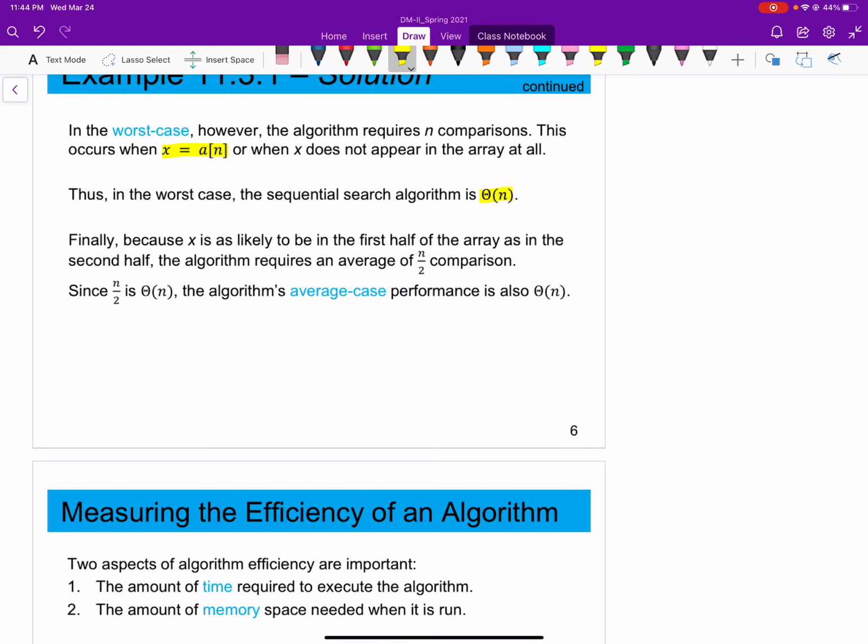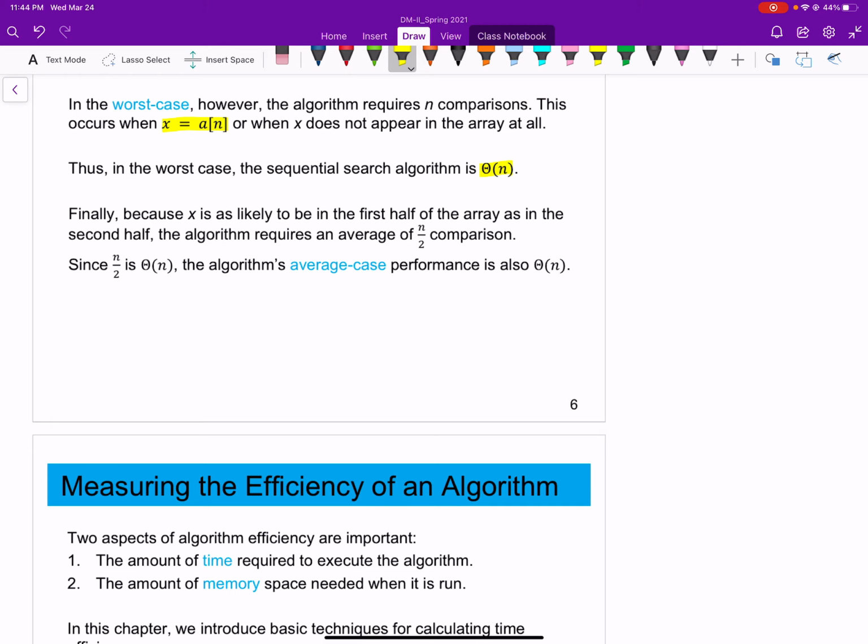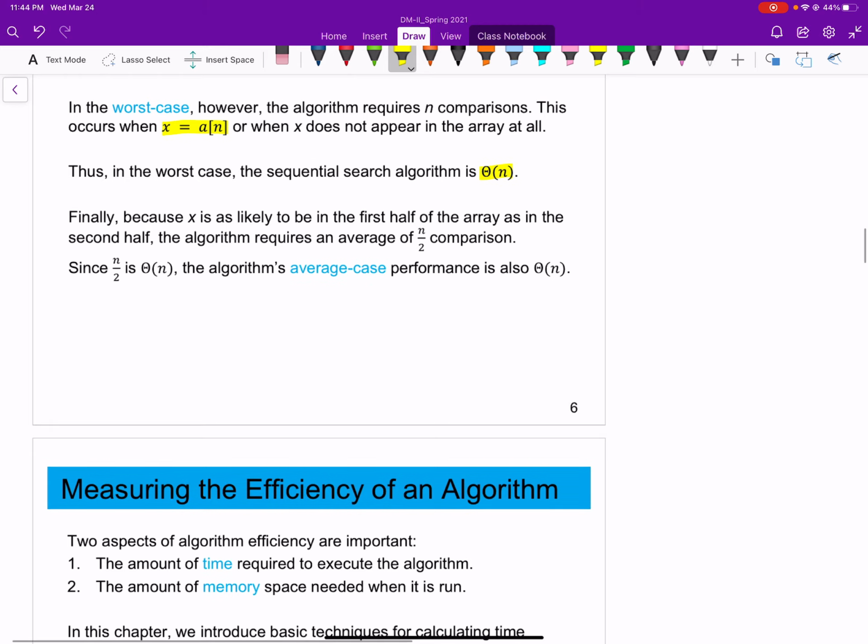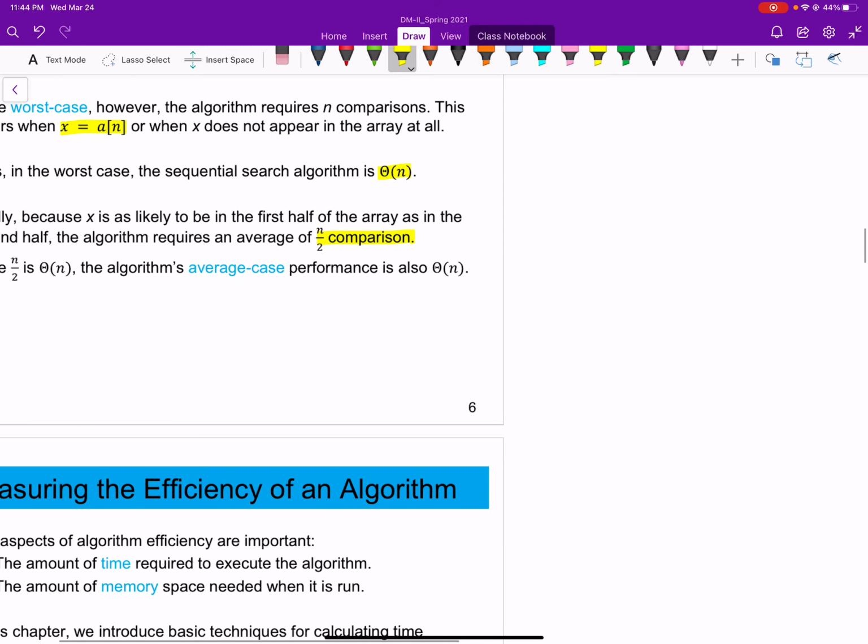Now we have to consider the average case. The average case is when the element is in the middle. In that case you need n over 2 comparisons. It doesn't matter whether n is odd or even.